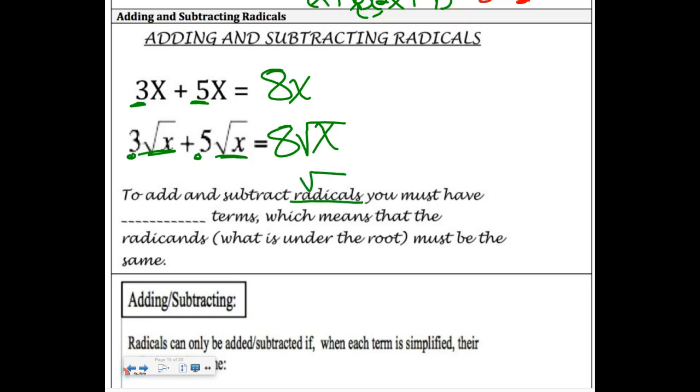To be able to add or subtract square roots, you must have like terms. What that means is the radicand, or the stuff under the square root, must be the same. So everything inside the square root must be the same, the numbers and letters.